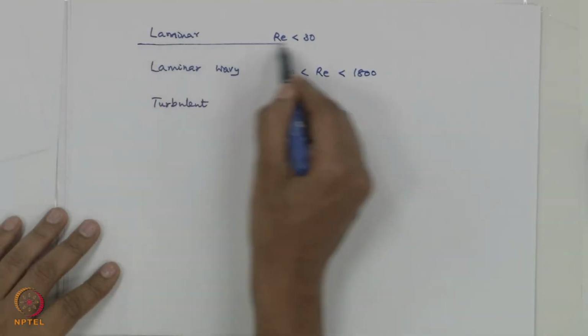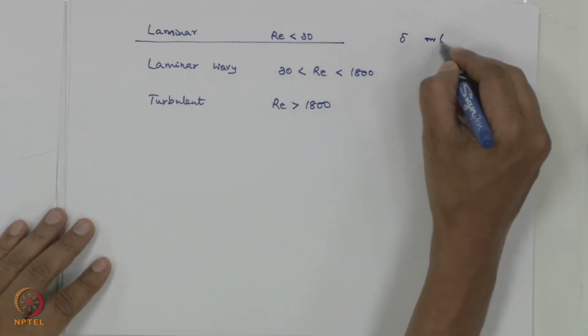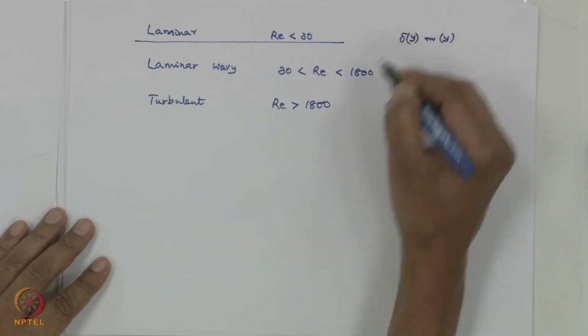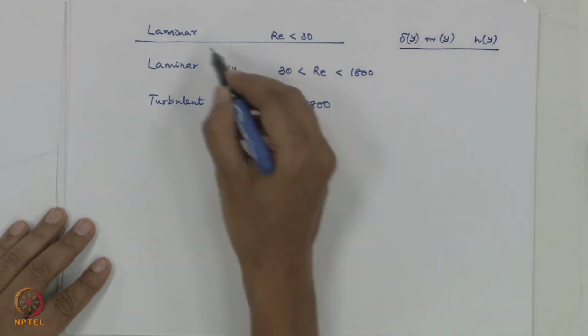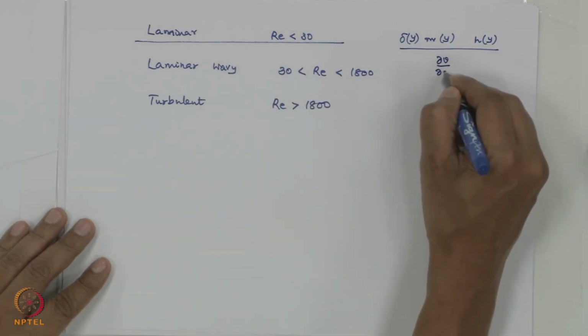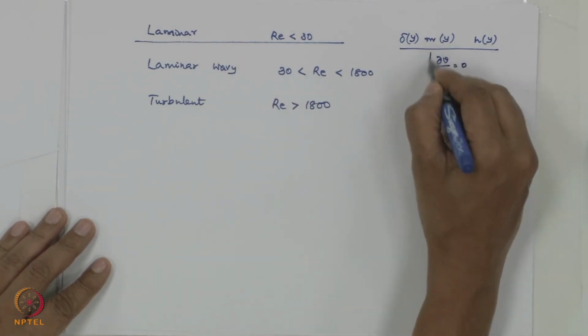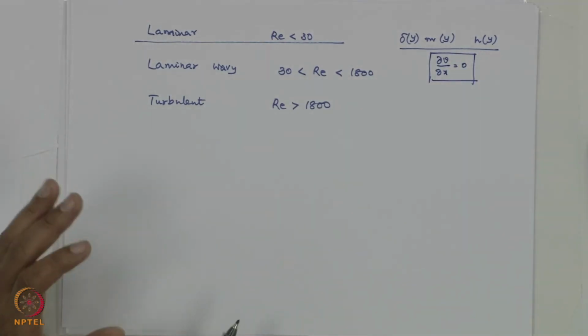We derived relations for film thickness, the mass flow rate as a function of y, delta as a function of y, h as a function of y, for the laminar flow. But the major assumption we have taken is del v by del x equal to 0, that is, interfacial shear stress is 0.